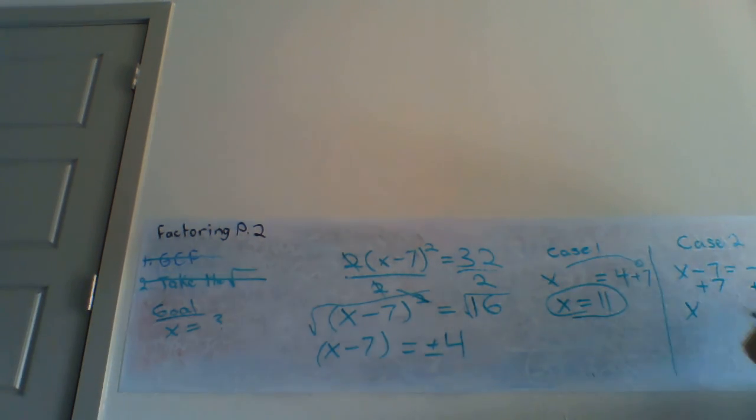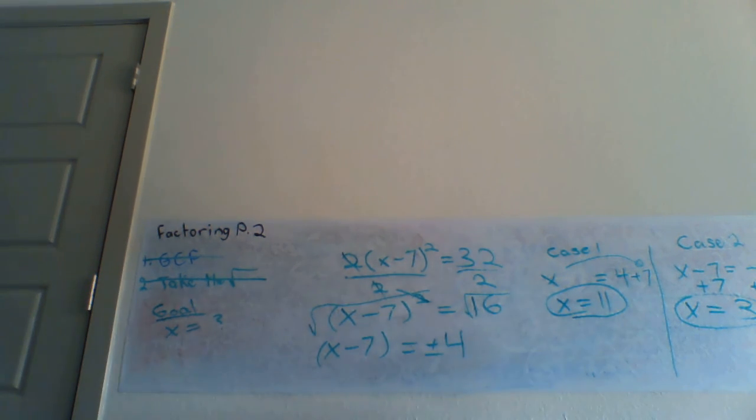And that disappears, which is good. That's what we want, right? Then I've got negative 4 plus 7. Well, in that case, that should be a positive 3. And that should be it.